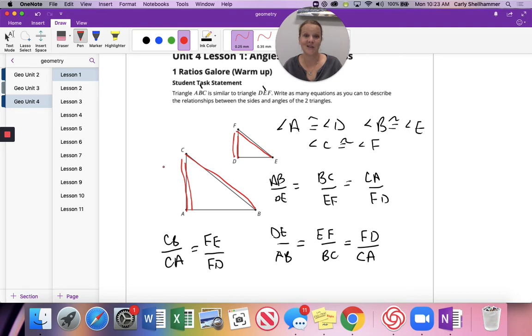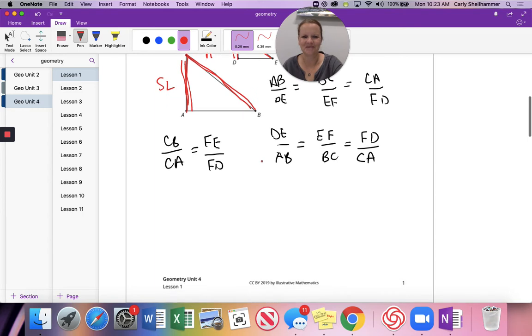All right, that's new, but really important to today's lesson. If I do the ratio of the hypotenuse over what looks to be the short leg, so hypotenuse, short leg, over hypotenuse, short leg, they will be equal.